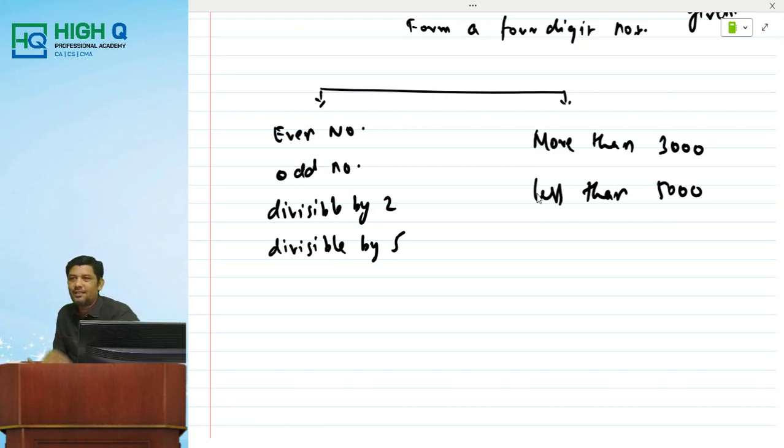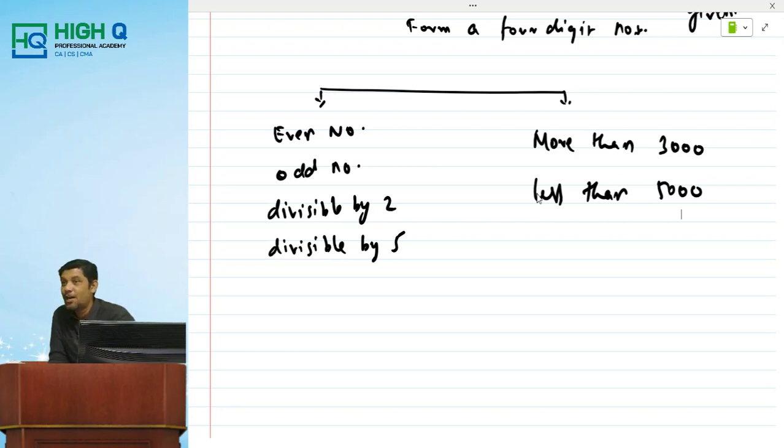Now, sir, why have you divided into 2 parts? Can you tell me why I have divided into 2 ways? There is a reason behind it. Even number and odd number are one part, and more than and less than is the other part. Why did I do that? How will we identify that a number is an even number?